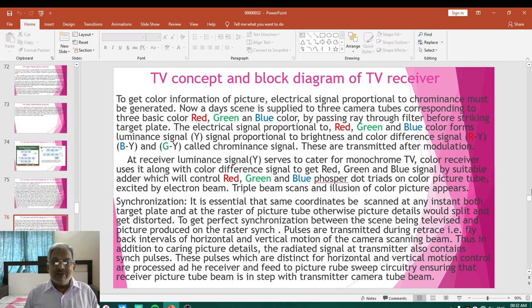And in the last period, we studied about how the picture raster is produced on the television screen by monochromatic as well as the chromatic signal.